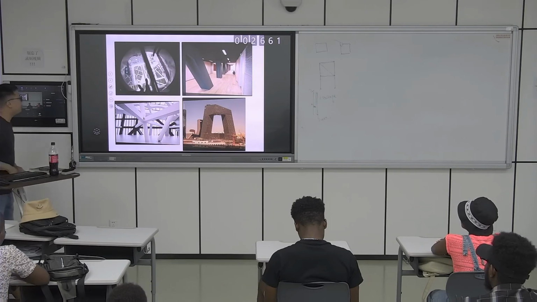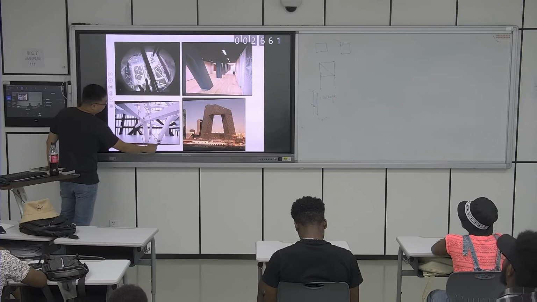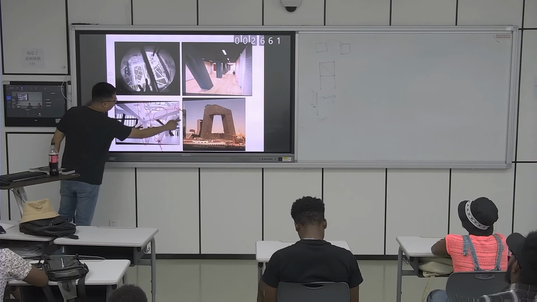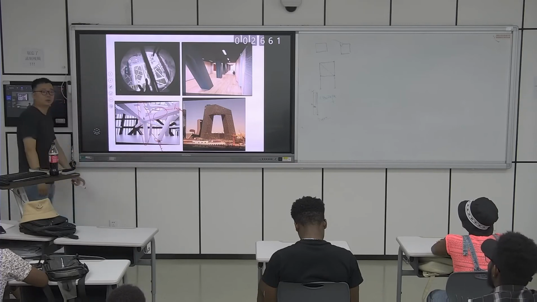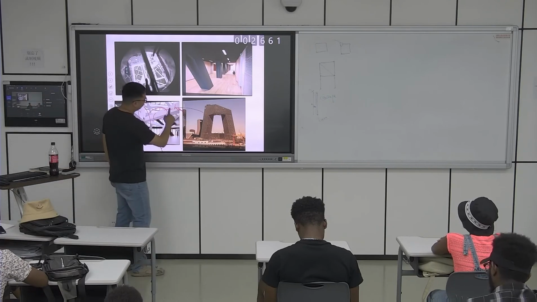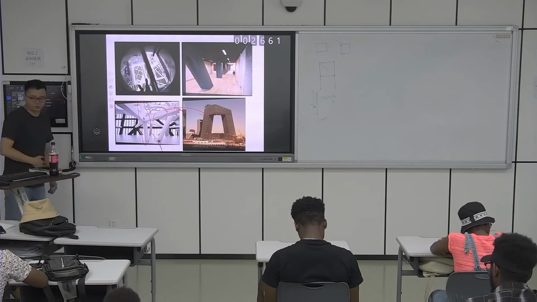So analyzing this part, you can find the column, beam. Normally for steel structures, inside you can find a lot of steel parts.